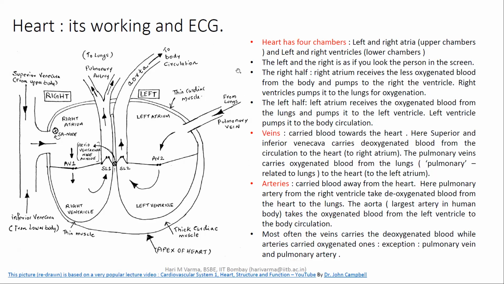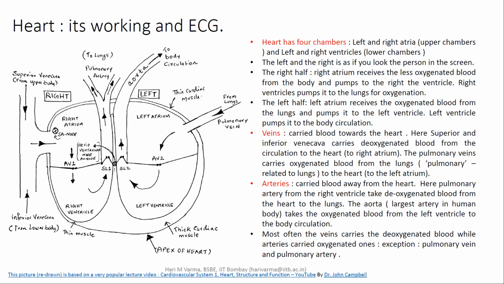And the rest of the blood, which is depleted of nutrients and oxygen, will be sent back, received by the heart, and sent to the lungs to get oxygenated. Of course, it will be sent back to the gut as well for getting nutrients, right?